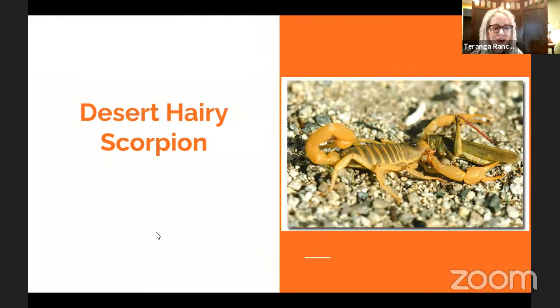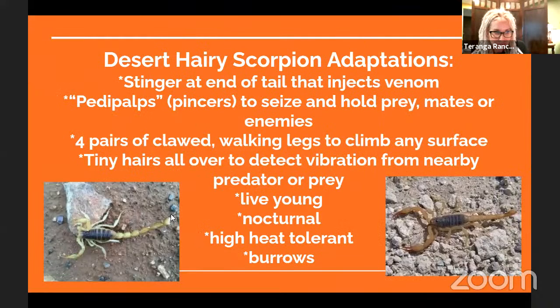Ooh, desert hairy scorpion having a snack. So the desert hairy scorpion has some really cool adaptations. He has a stinger at the end of his tail that injects venom. Is it crazy venom that's really going to hurt you very much? Not really. It might hurt a little, but unless you have an allergic reaction, you're not at risk of dying. It's for something small.